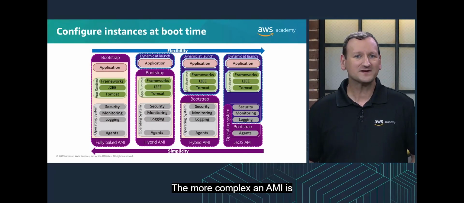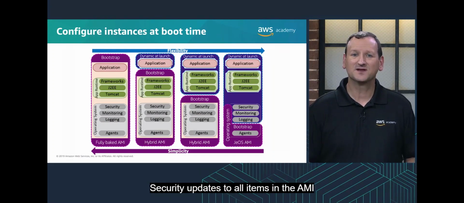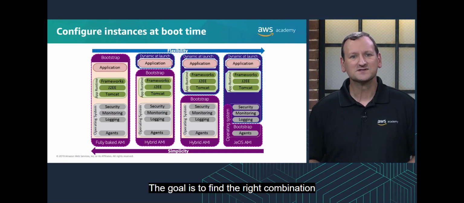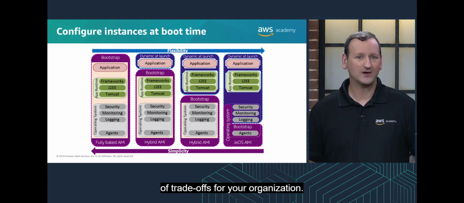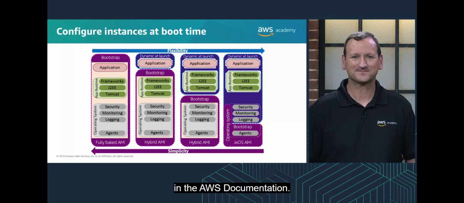The more complex an AMI is, the greater the risk that your application will be vulnerable to a security issue. Security updates to all items in the AMI will need to be applied on a regular basis. The goal is to find the right combination of trade-offs for your organization. For more information, search for AWS AMI Design in the AWS documentation.